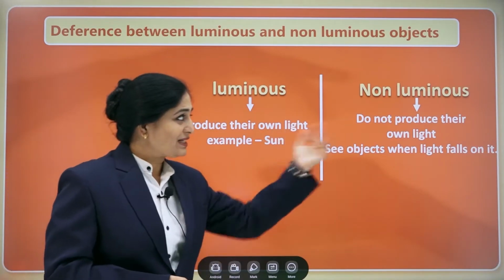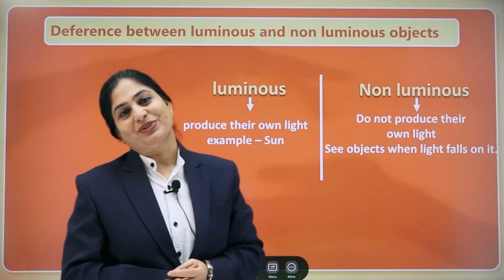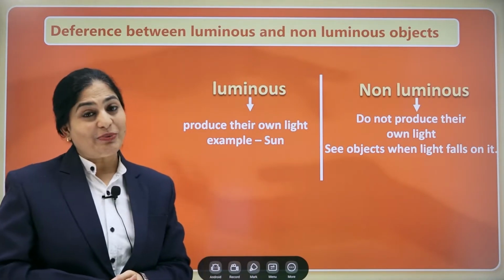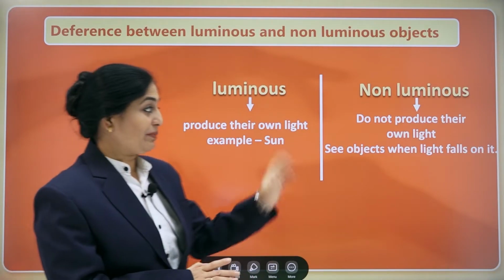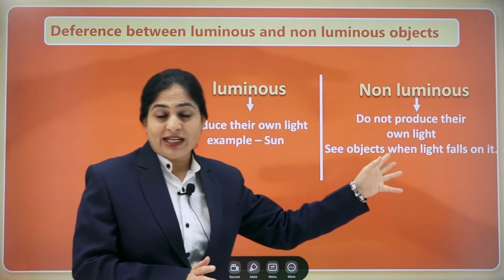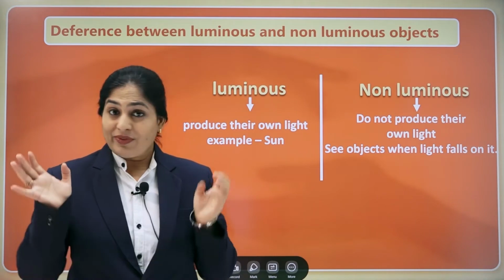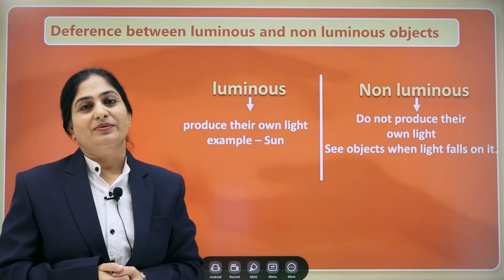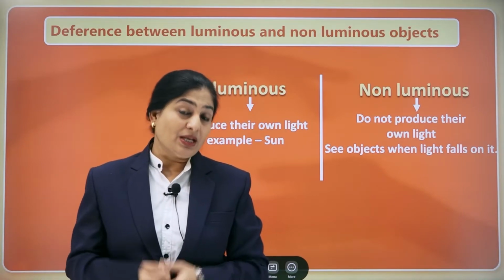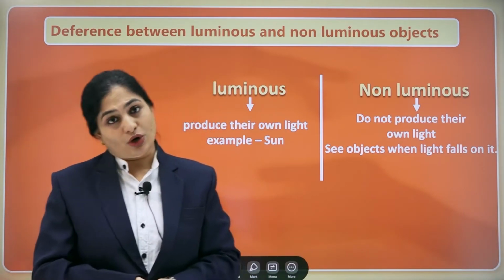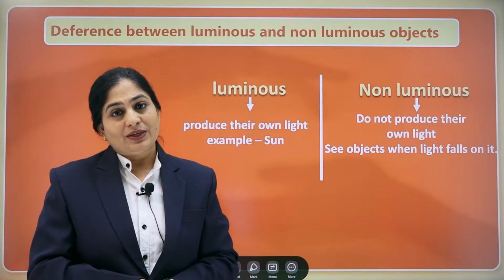Let us move on and discuss another category, non-luminous objects. Non-luminous objects do not produce light of their own. That means they do not emit any light. They are not sources of light. So if they are not sources of light, the question comes: how can we see such non-luminous objects?